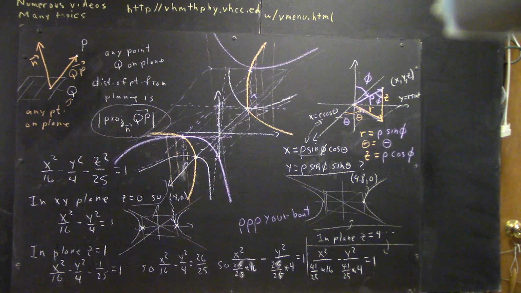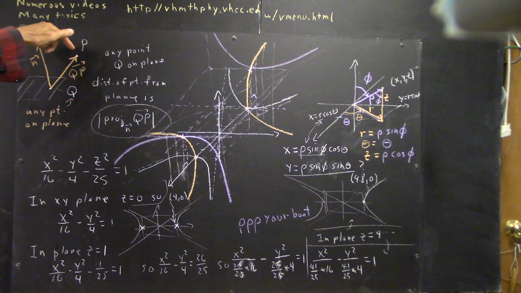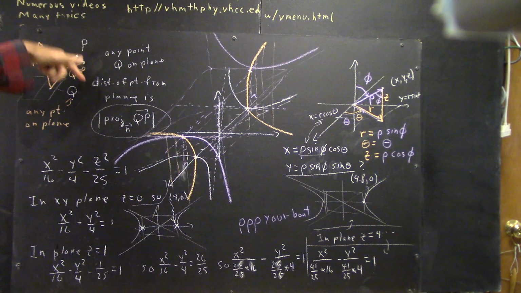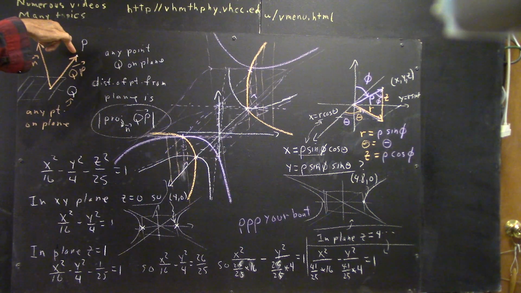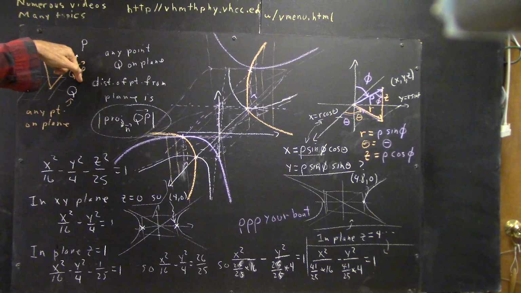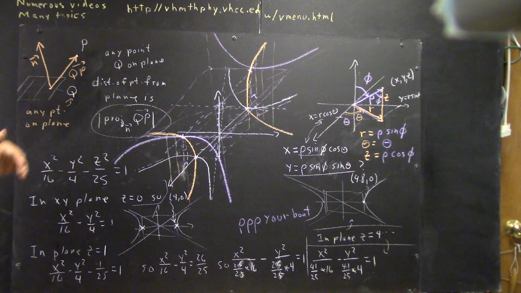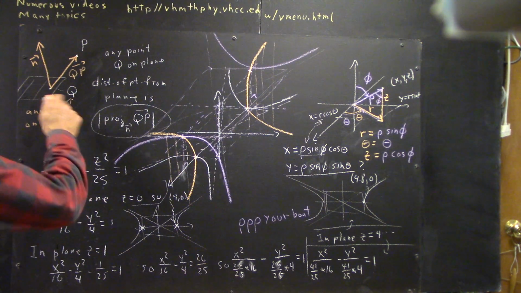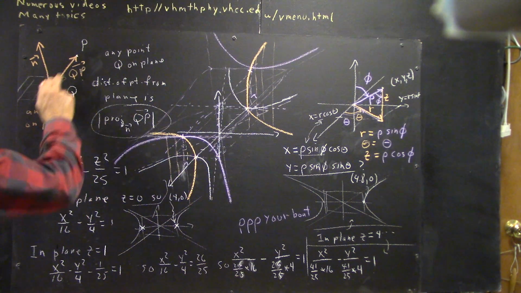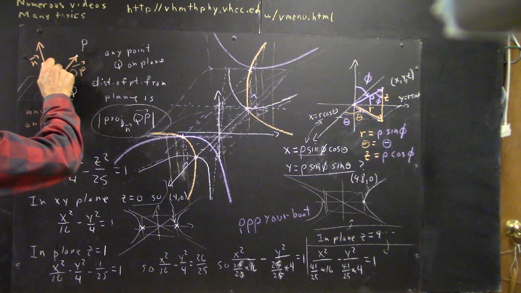Now the distance from the point to the plane is a distance from the point to a point on the plane where the vector from P to that point is perpendicular to the plane. We can find the length of that vector by simply projecting the vector QP onto the normal vector.